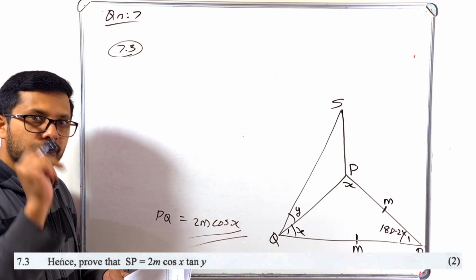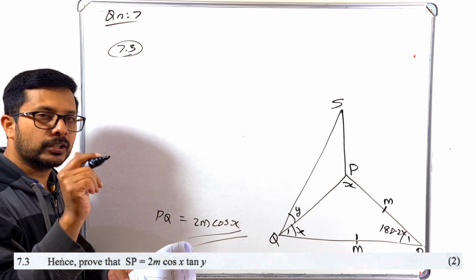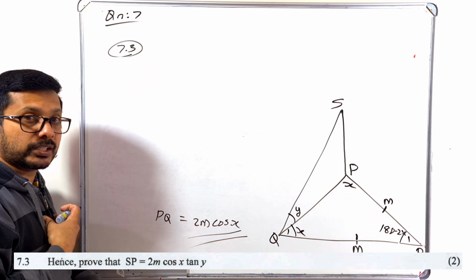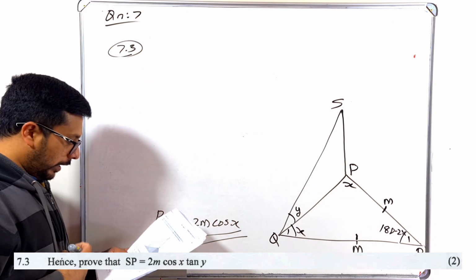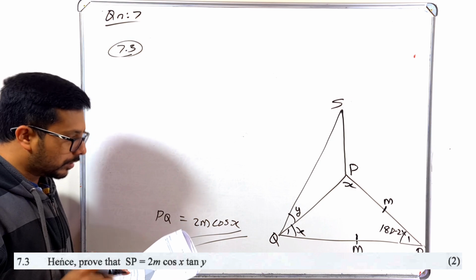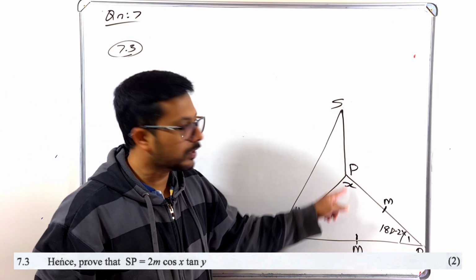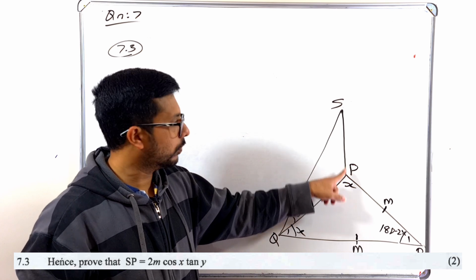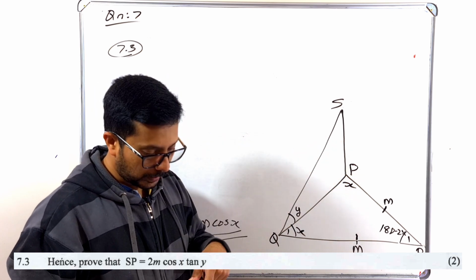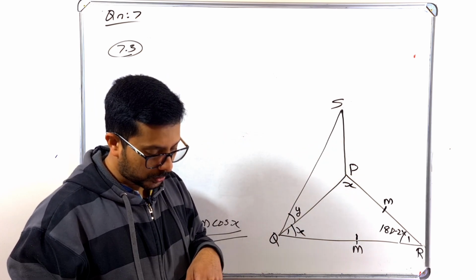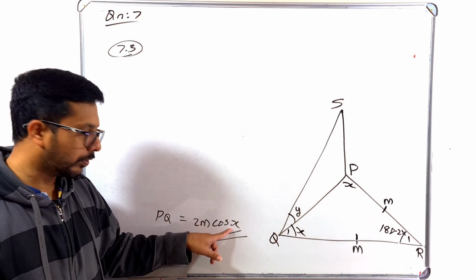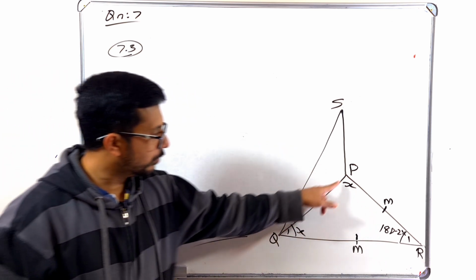That word, hence, means that we are going to use 7.2, some connection. Hence prove that SP is equal to 2m cos x, what is this 2m cos x? That is PQ. So they took this one.